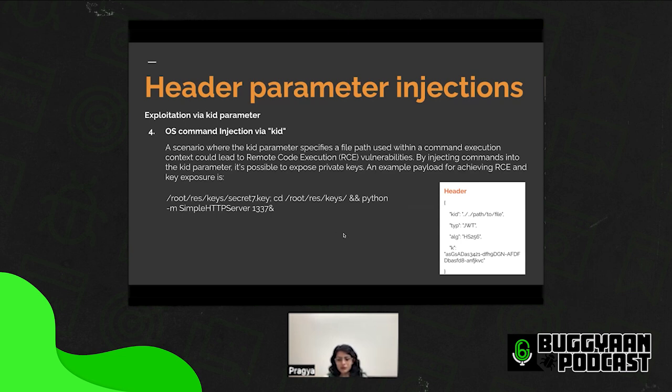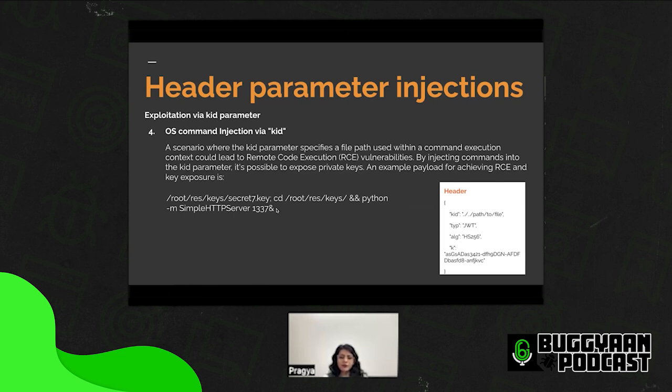It could look somewhat like this: root res key secret 7.key. This might be the original path of my KID parameter. Then I added some OS command injection command, cd and then starting a Python server. So this may lead to an RCE.